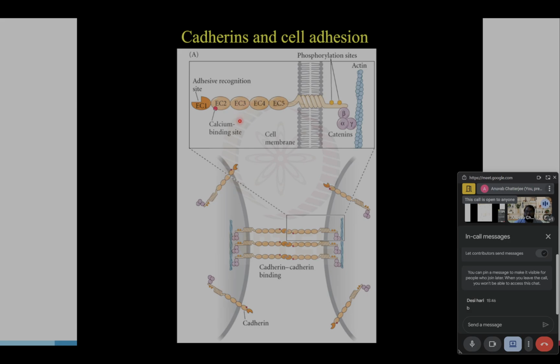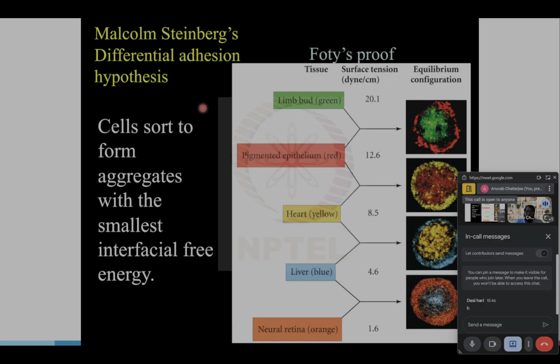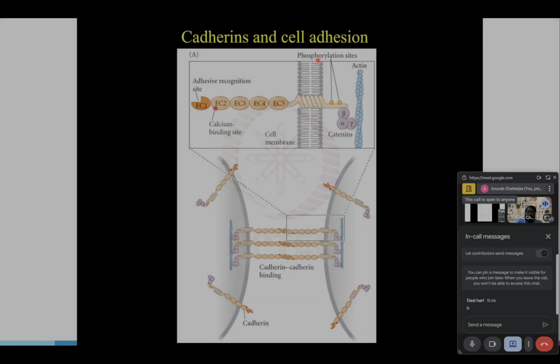So cadherins are cell surface molecules which help attach to other cells or the extracellular matrix by linking to them through their extracellular domains. This is what cadherins are, and this is the reason why cells can sort themselves in the aggregation that we just saw.